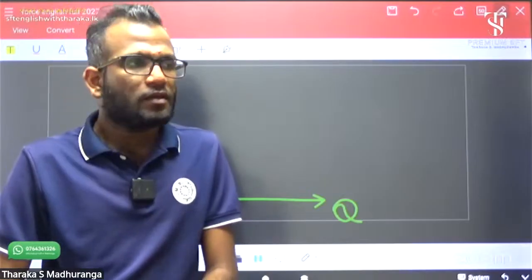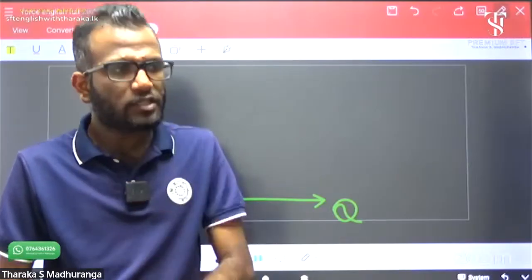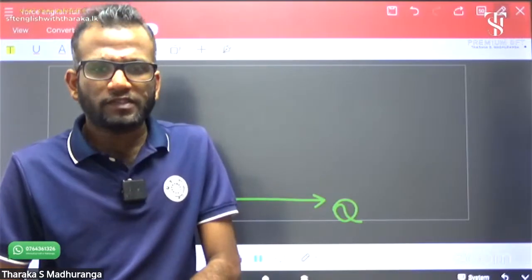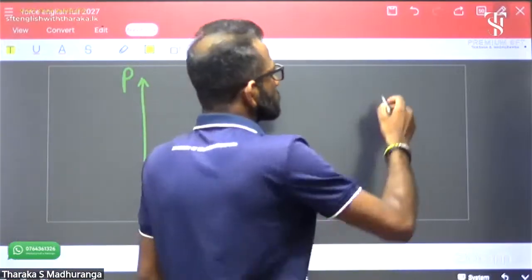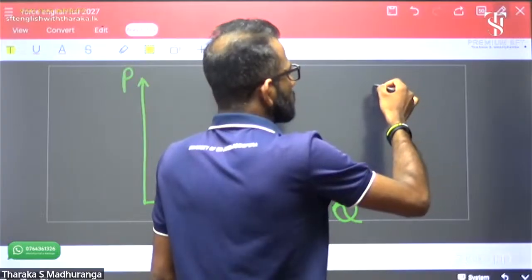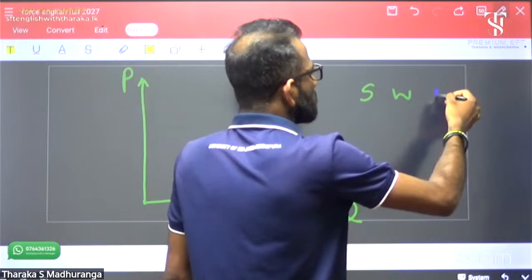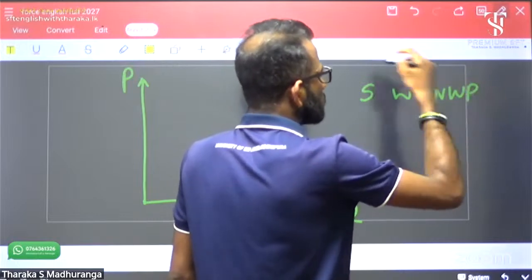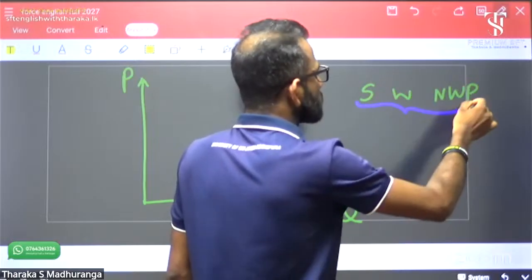And provincial papers: Southern, Western, North Western Province, per year we have 3 papers.